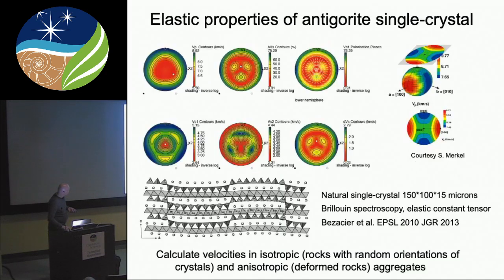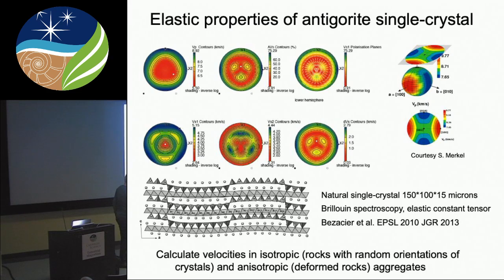So what we can try to do to relate it to the serpentinization process is study the elasticity of serpentine minerals. So we did that on the antigorite form, which is thought to be the most common in subduction settings. Again, as I said, we have to use a natural sample.